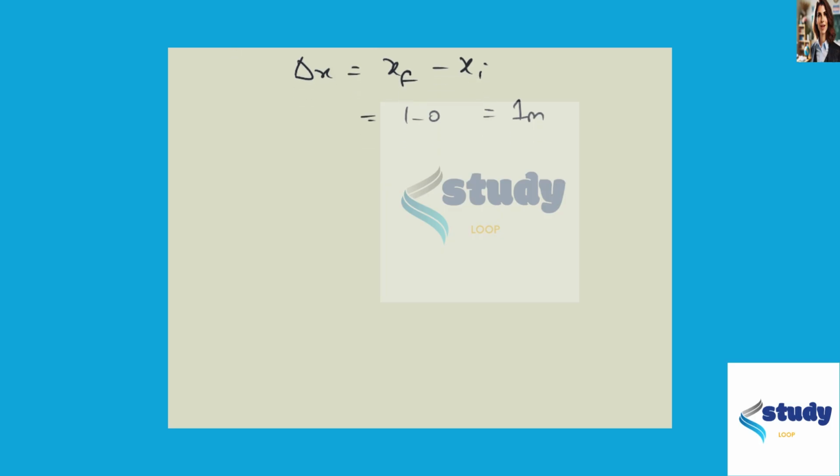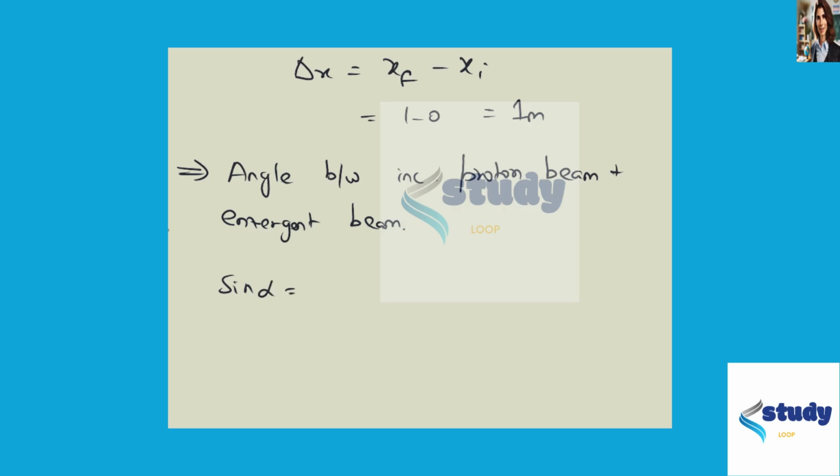Then we have to calculate the angle between the incident proton beam and the emergent proton beam. Sine alpha is equal to delta x divided by R.